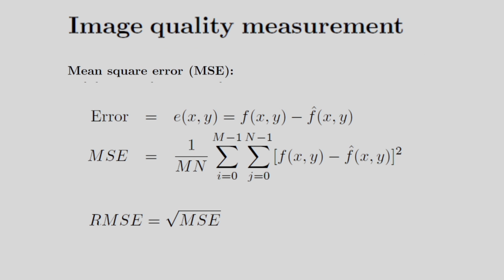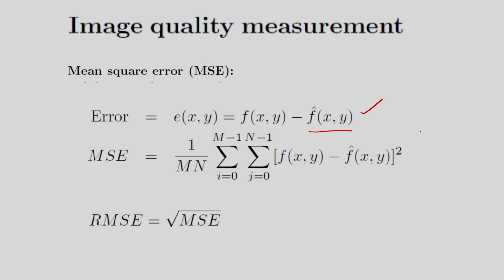The next concept I want to discuss is image quality measurement. So, how to measure the image quality? For this, I can calculate the mean square error. The error can be calculated like this: f(x,y) is the original image and I am considering the approximate, that is the reconstructed image. The difference between these gives the error, and from this you can determine the mean square error.